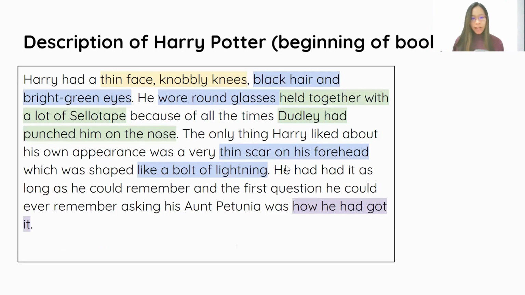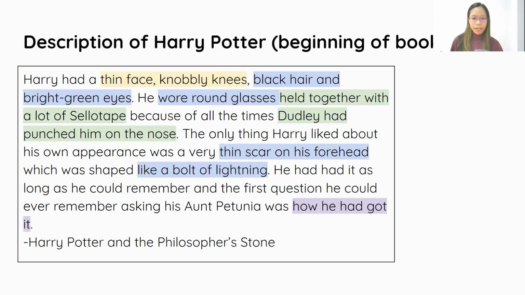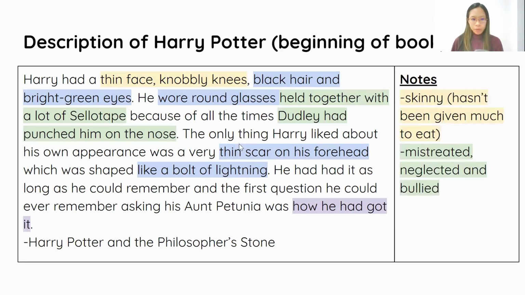Okay, so I have color-coded it so that we can see what it tells us about Harry at the beginning of the book. Everything that is in yellow is showing us that he seems skinny, like he hasn't been given much to eat. The blue is his appearance, and the green is evidence showing us that he's been mistreated or neglected and also bullied.